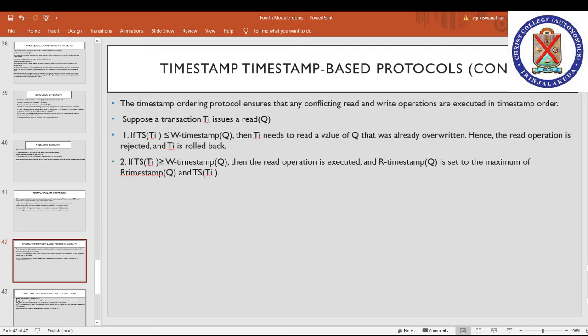If the TS of Ti is greater than or equal to the write timestamp of Q, then the read operation is executed, and the read timestamp of Q is set to the maximum of the read timestamp of Q and the TS of Ti.